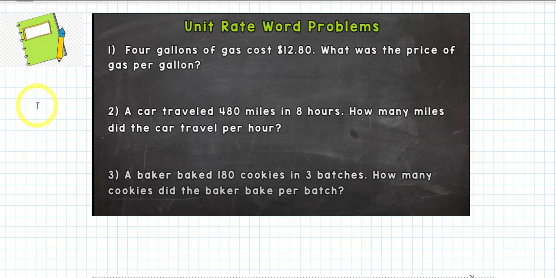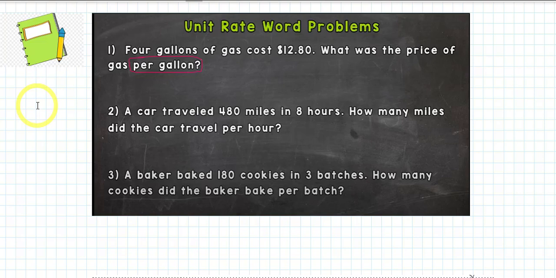All right, so let's do number 1 together. 4 gallons of gas costs $12.80. That's the information given. Here's the question. What was the price of gas per gallon? So this per gallon here is what we're looking for. It's the question that's being asked. So we're going to start with words.